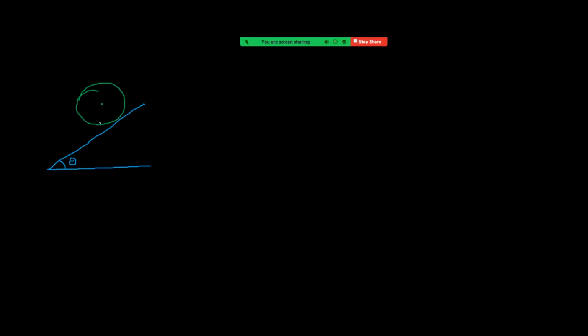Right. Now see what happens in rolling without slipping. Suppose the velocity is now V naught. Then this is the velocity at one instant, and at that instant the omega value will be V naught by R. So these values will change continuously.